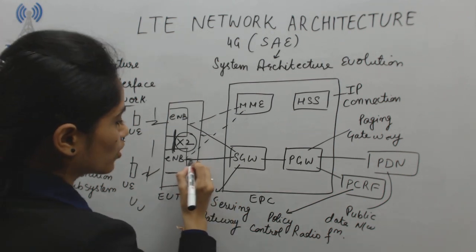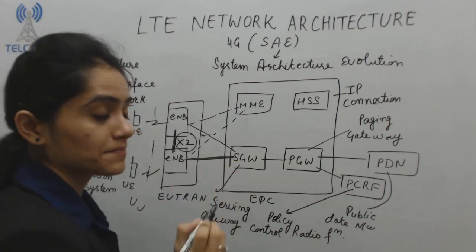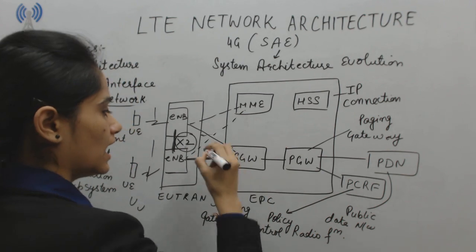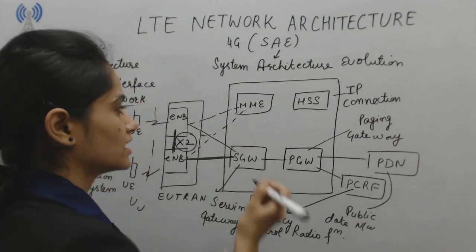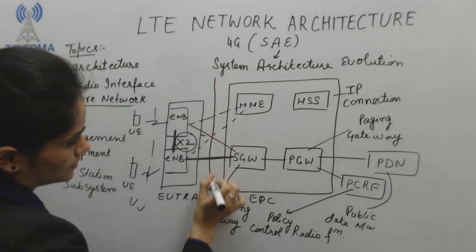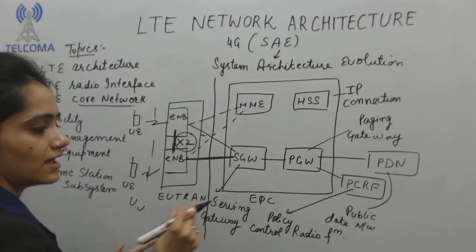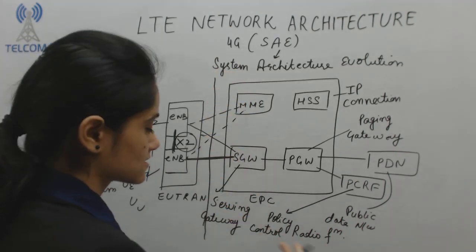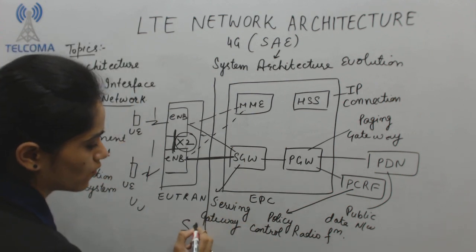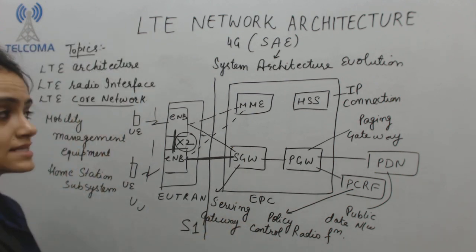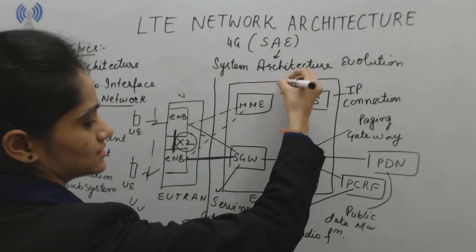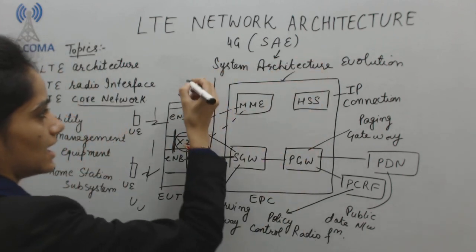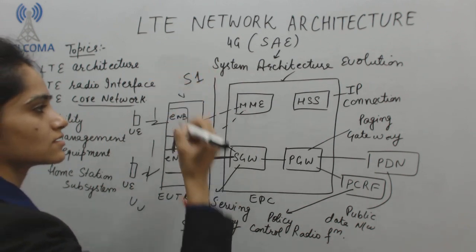Now, bold line will represent data flow and dotted line is there for signaling flow. The full interface between E-UTRAN and Evolved Packet Core is the S1 interface.